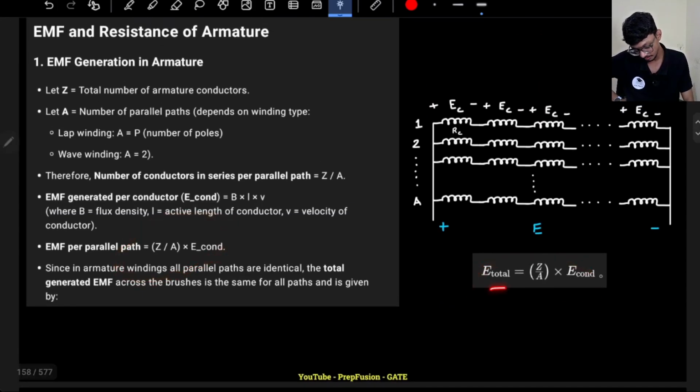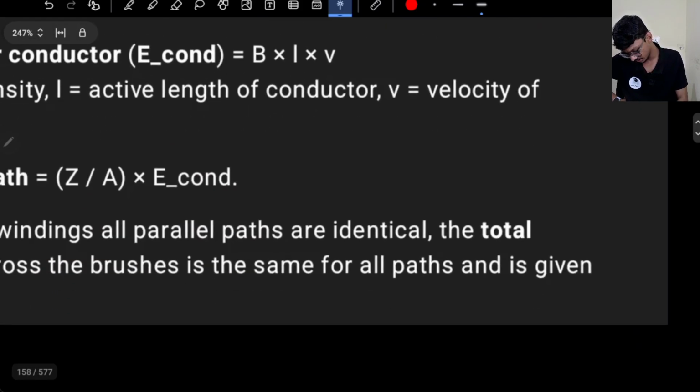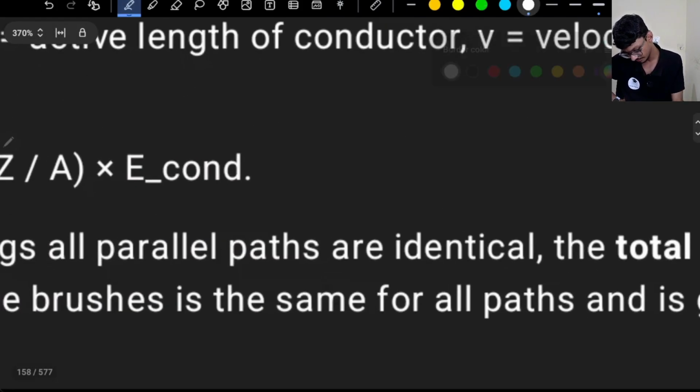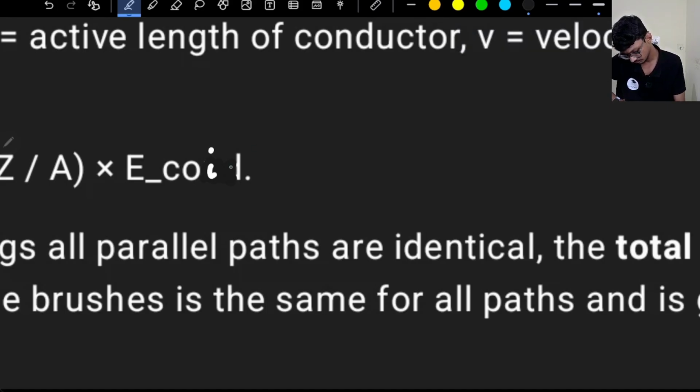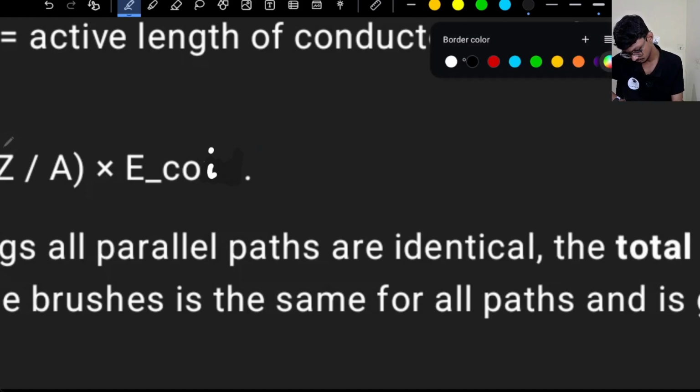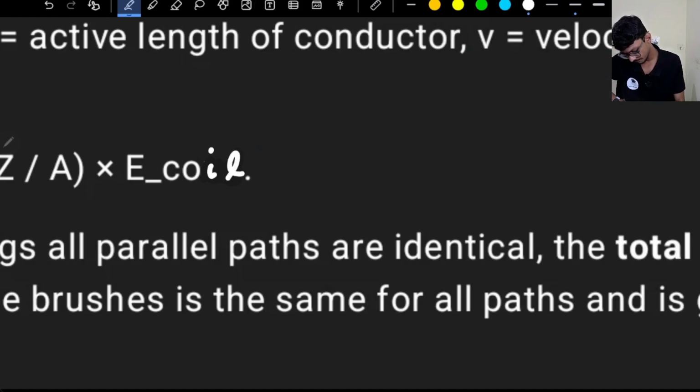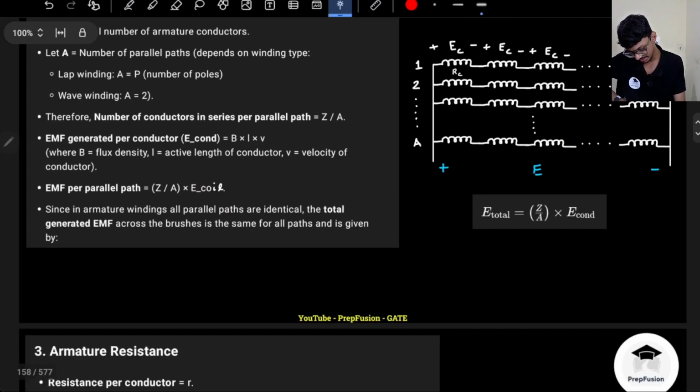So the total EMF will be, not E conductor, it will be E coil, the induced EMF in each coil, into Z by A. Z by A is the number of coils in a single path, right?